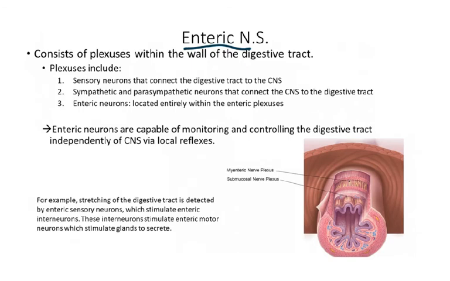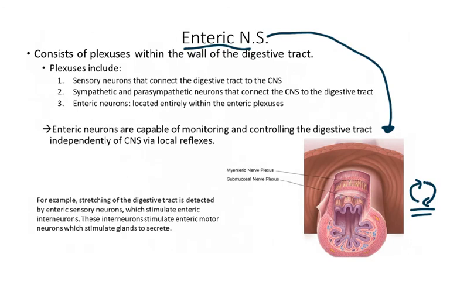These neurons will be largely within the walls of the gut and will both receive sensory input from the gut, then have interneurons, and then give motor output right back to the gut. So all of the enteric nervous system is actually within the gut.